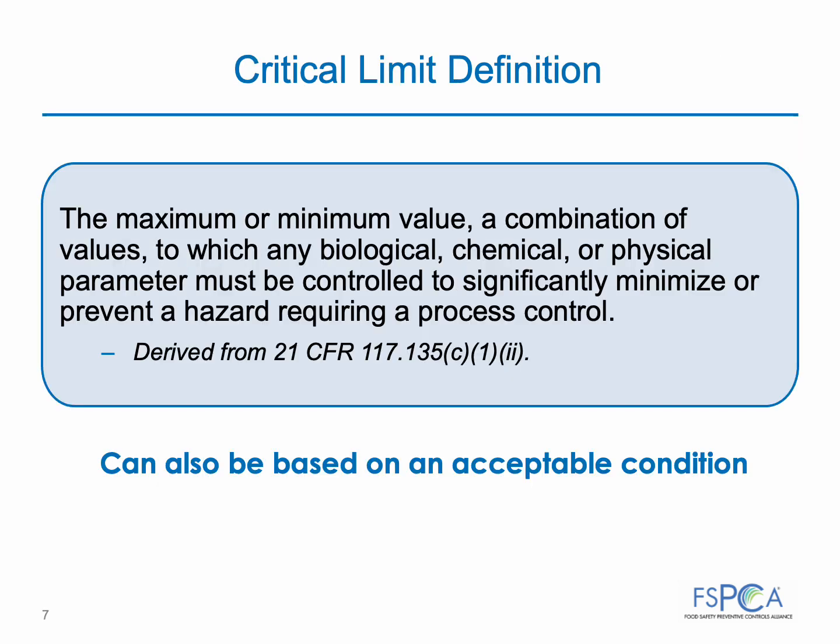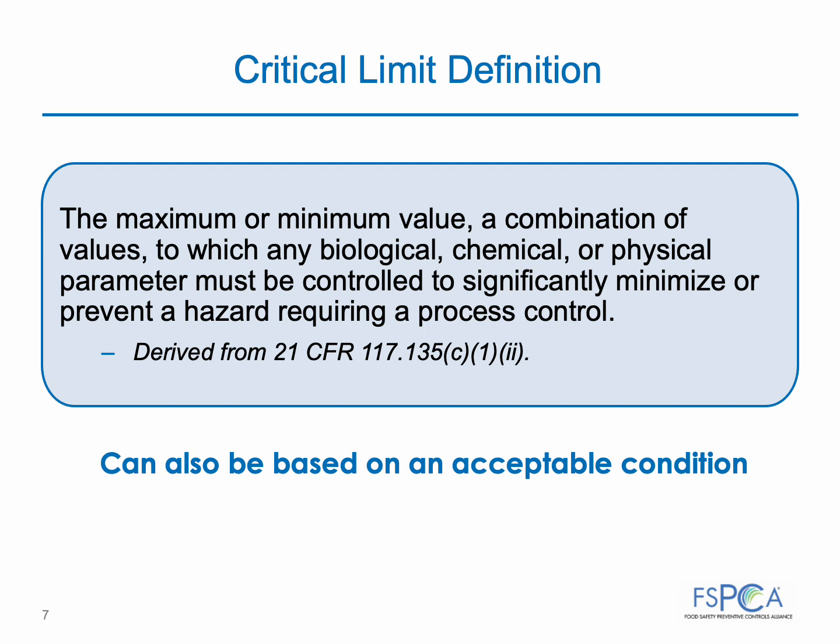For most process-related preventive controls, measurable parameters can be identified, and the values established for these parameters are called critical limits, as cited in the regulation in 21 CFR 117.135(c)(1)(ii).